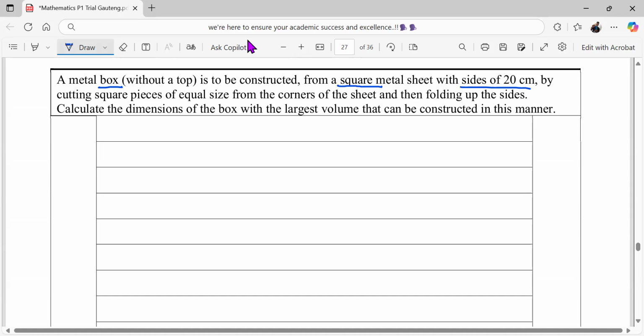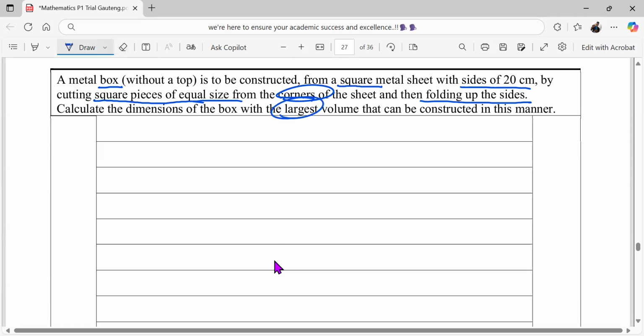But in order to construct this box, we are going to cut square pieces that are of equal size from the corners of the metal sheet, and then fold up the sides in order to get our three-dimensional figure. Now they say calculate the dimensions, in other words, the length, the breadth, and the height of this box that has the largest volume.